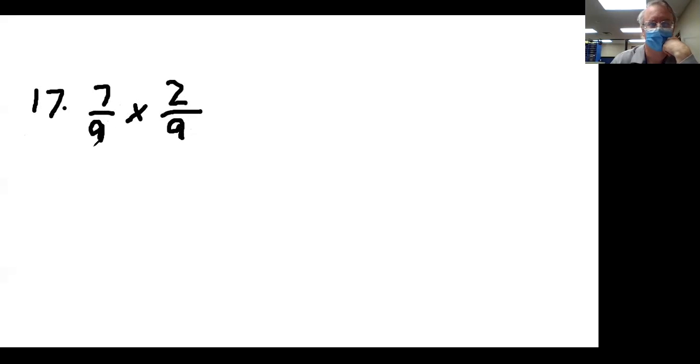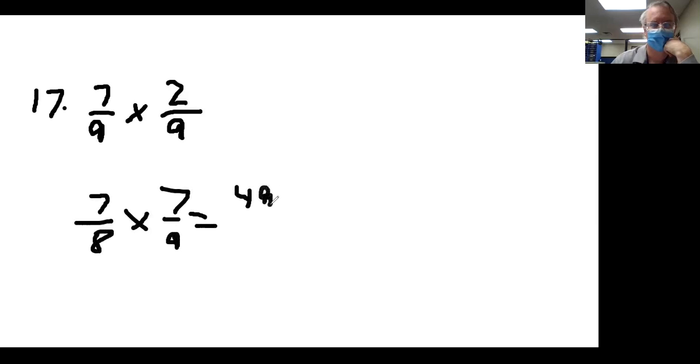You can multiply unlike terms. The denominator can be different. They don't have to be the same, but in this case, it is the same. But it doesn't have to be. I'll give you an example. 7 over 8 times 7 over 9 equals 49 over 72.